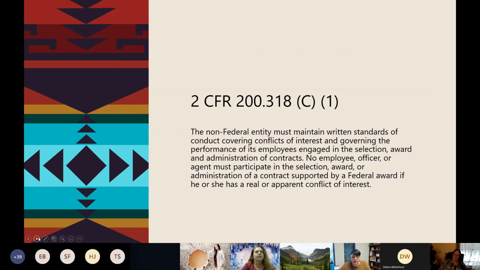So when you go into the 200 book under 318(c)(1), a non-federal entity must maintain written standards of conduct covering conflicts of interest and governing the performance of your employees engaged in the selection, award, or administration of contracts. No employee, officer, or agent can participate in the selection, award, or administration of a contract supported by that award if they have any real or apparent conflict of interest.